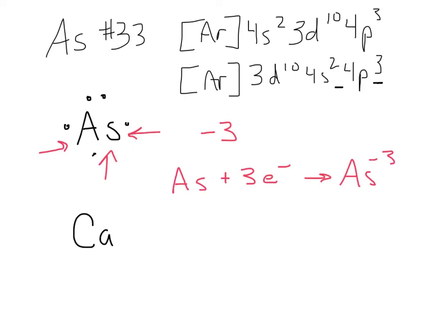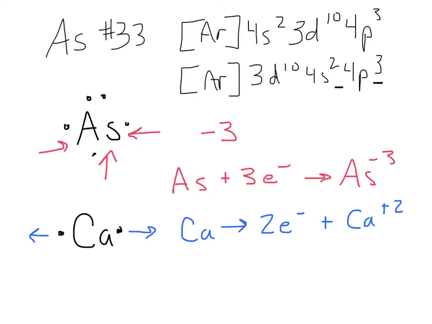Calcium has 2 in its outer shell, so we've done it like this. And remember, calcium is actually going to lose those electrons to become like the noble gas below it, which is also argon. And so when I write the equation for that, I would say calcium would lose 2 electrons and become calcium plus 2.